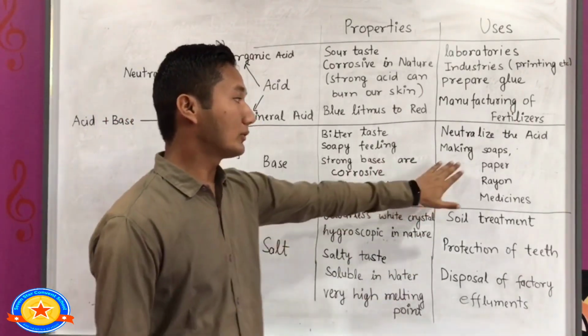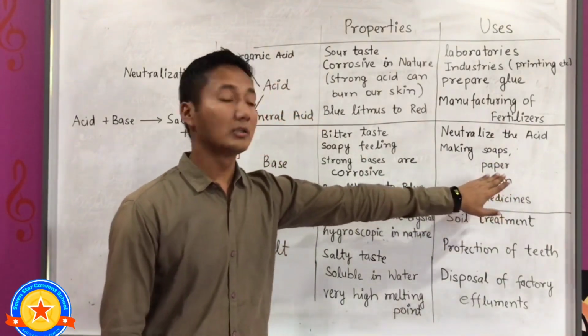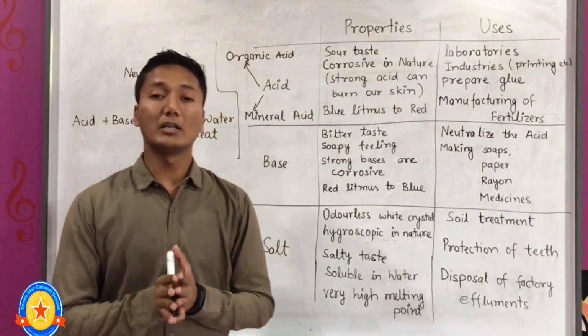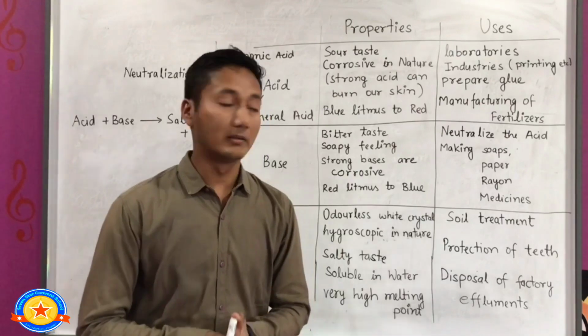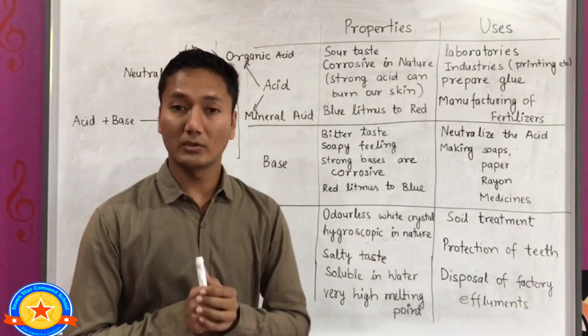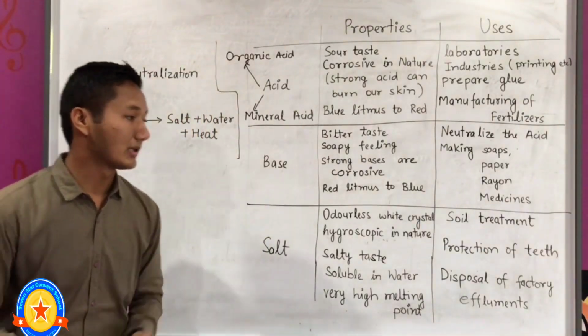Base is also used for making soaps, paper, rayon and medicines. You know rayon is a kind of fiber by which cloths are made. And there are lots of medicines which we generally use. They are made by bases.